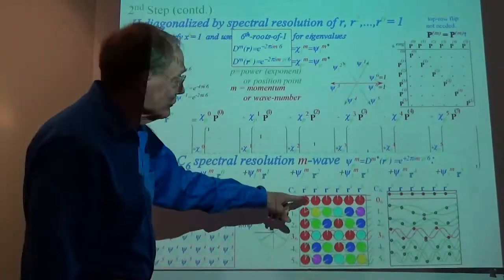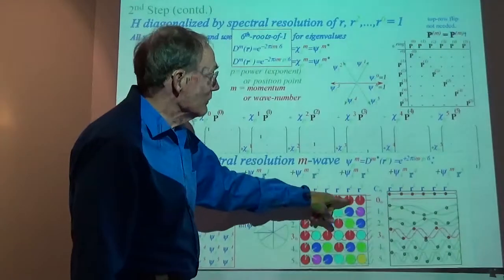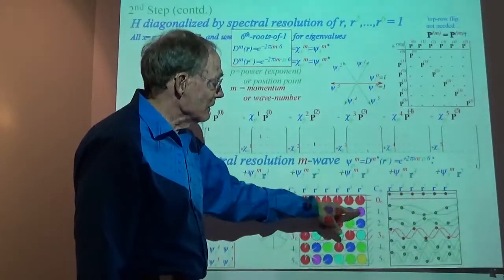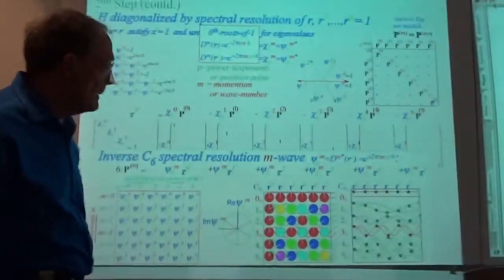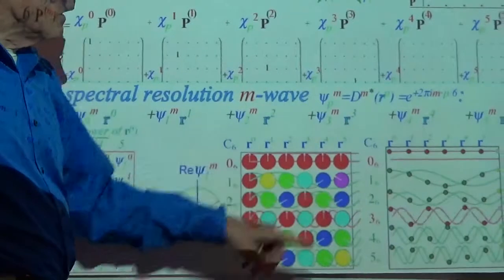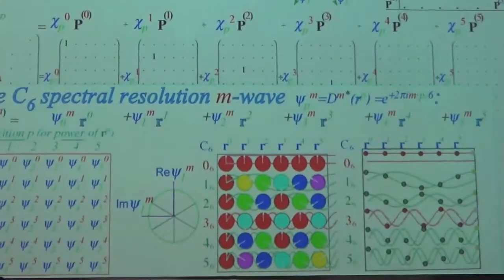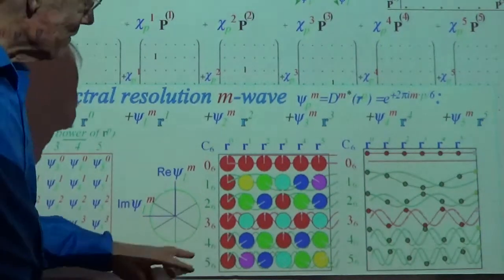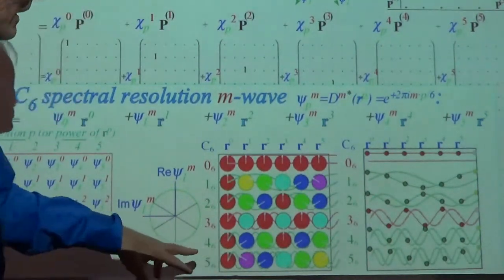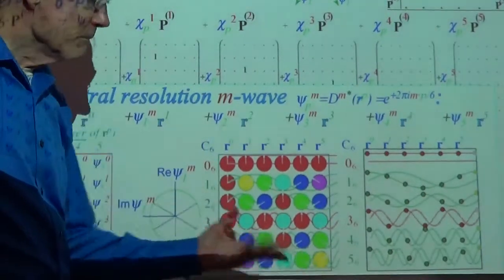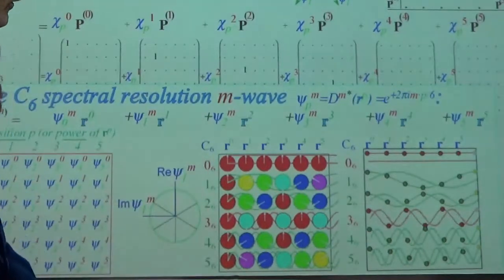And then there's the actual characters, the actual roots of unity written as phasors. It may be a little hard on the camera to see the little white arrow that lives in this thing, but that's one of the things that we now have for you to draw for any n, including up to 1,000 even if you want to try, a character table for C big N. This is just 6 here.